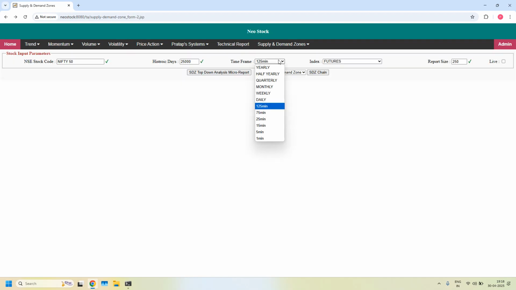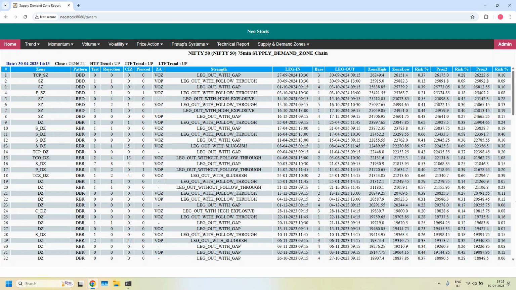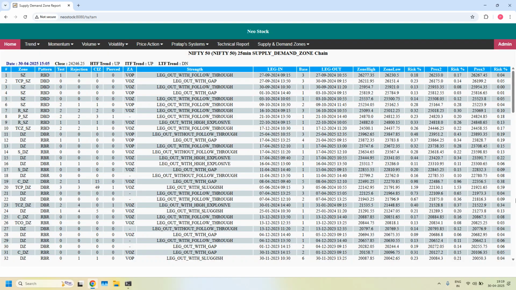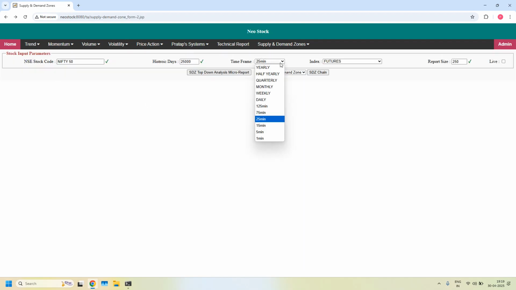Okay, next, generating 75 minutes supply demand zone chain for NIFTY. Okay, next, generating 25 minutes supply demand zone chain for NIFTY. Okay, next, generating 15 minutes supply demand zone chain for NIFTY.